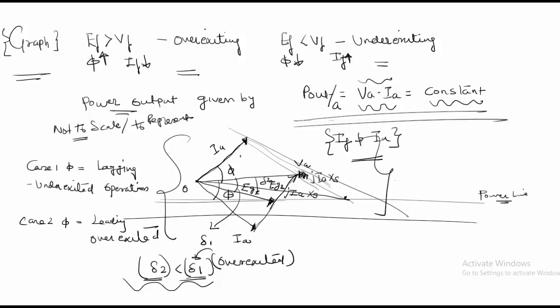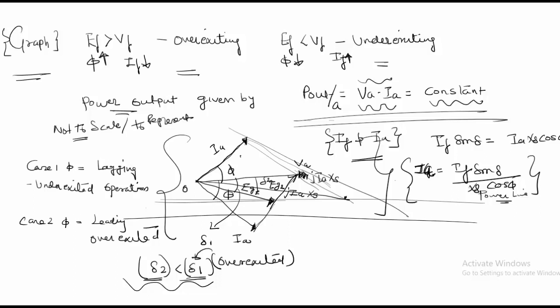So if you consider the same equation, Ef sine delta is equal to Ia Xs cos phi. So based on this, it can be said that my Ia is equal to Ef sine delta divided by Xs into cos phi. So if you are substituting the values here, what is varying here is my delta.